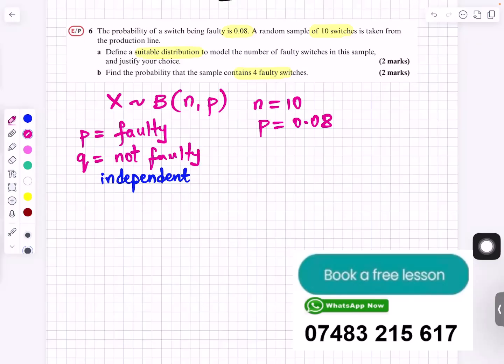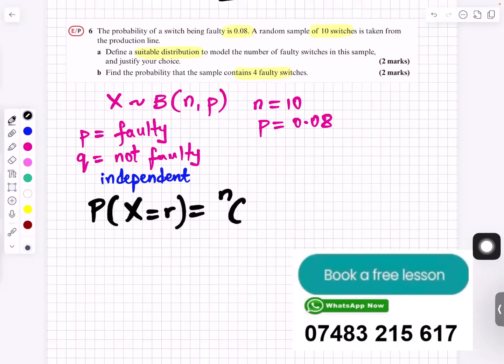I got 0.00522. Okay, let's get the formula first. You copy from the formula book. Probability of X equals r is nCr p to the r q to the n minus r. Just copying that from the formula book, that's no problem.